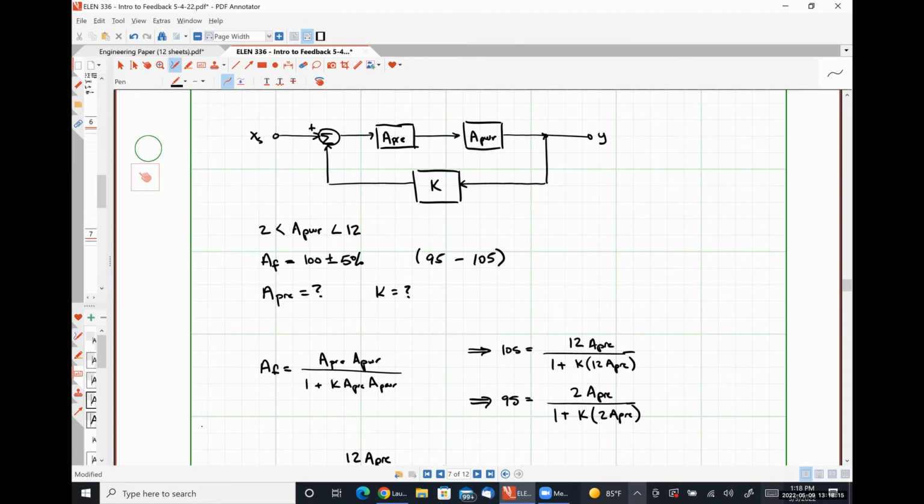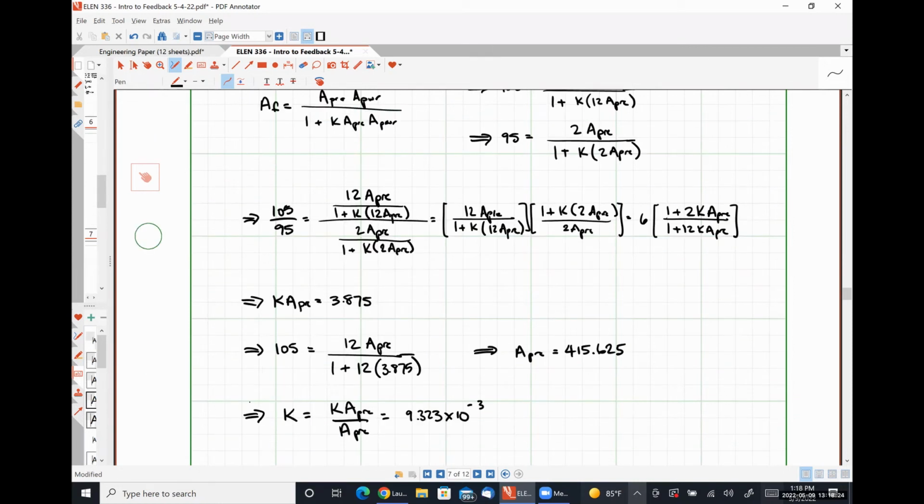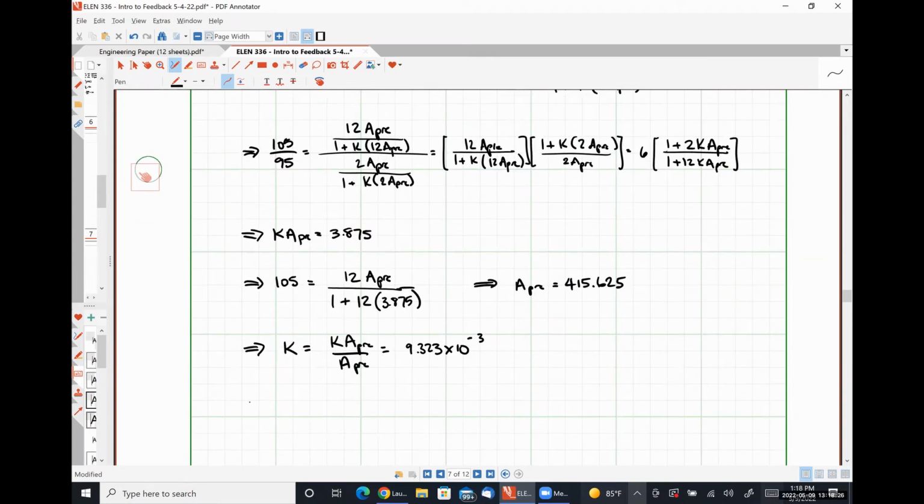If we want to constrain it to be 100 plus or minus 5%, we need to apply a feedback factor that's around 1 over 100. All right, so I think we have covered gain stabilization or gain desensitivity. You guys have at least an idea of what it is that I'm talking about when I bring it up.